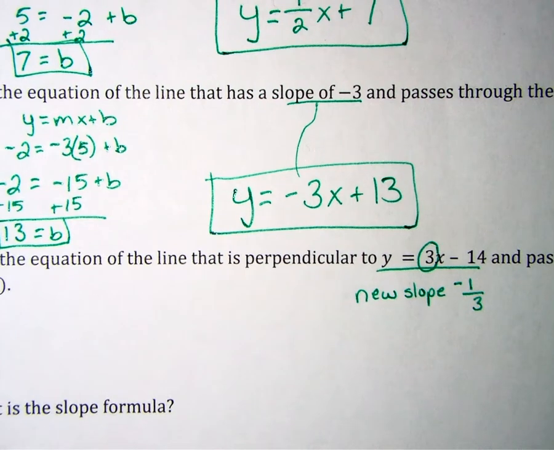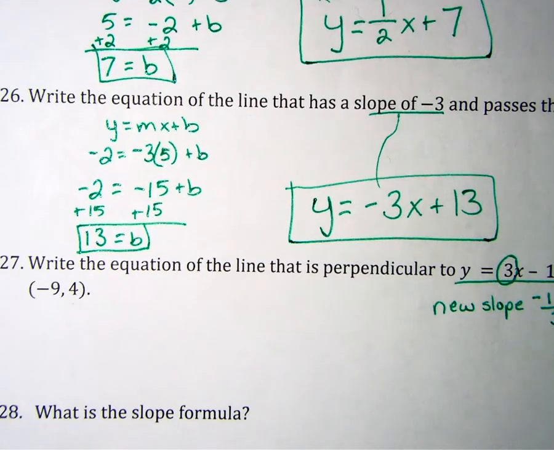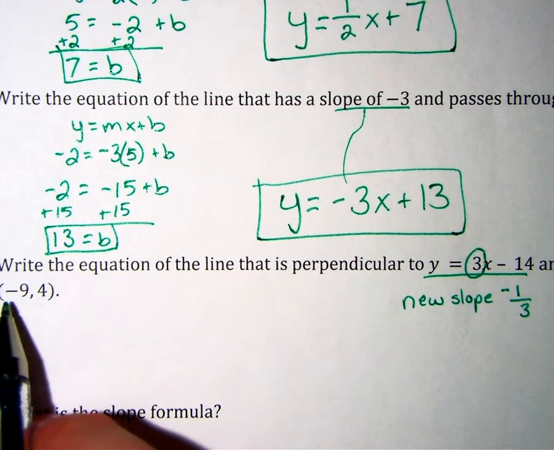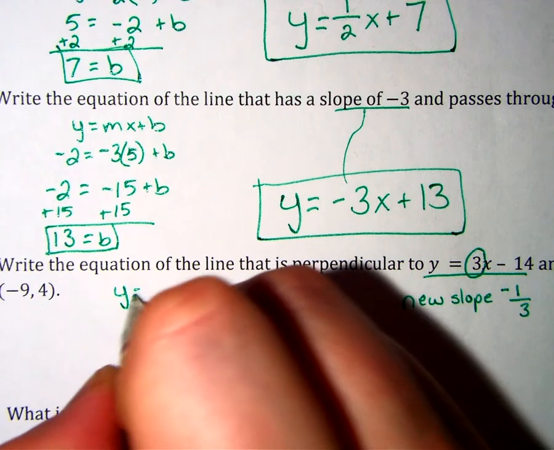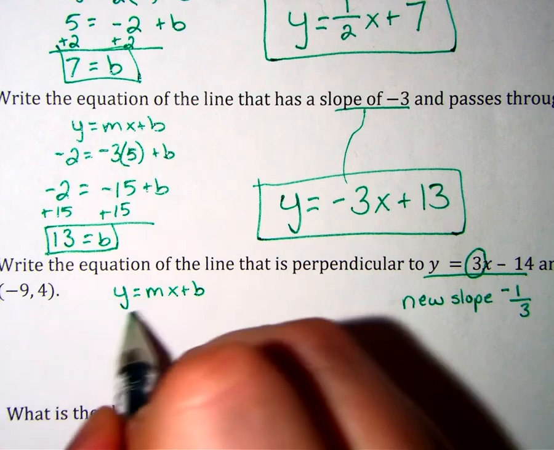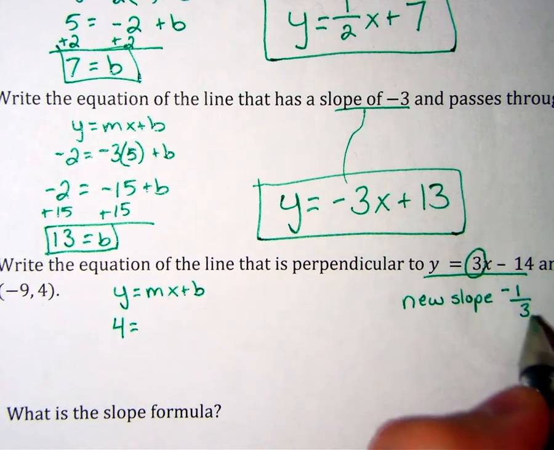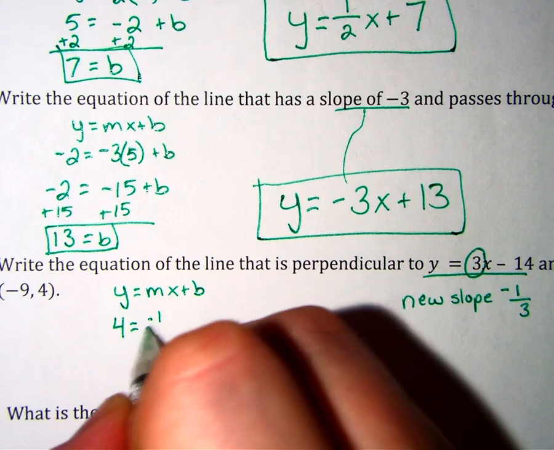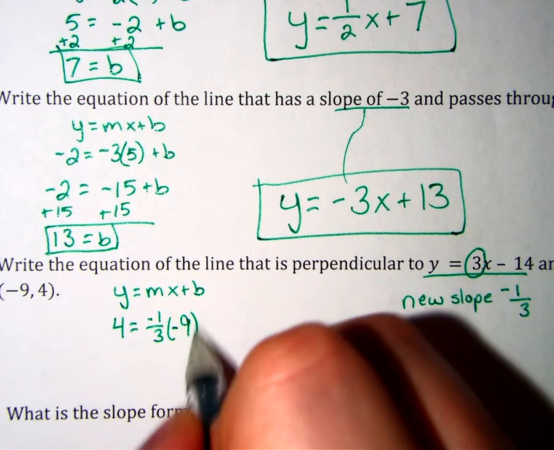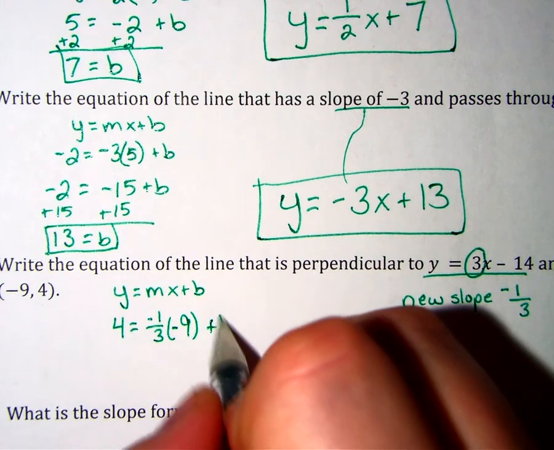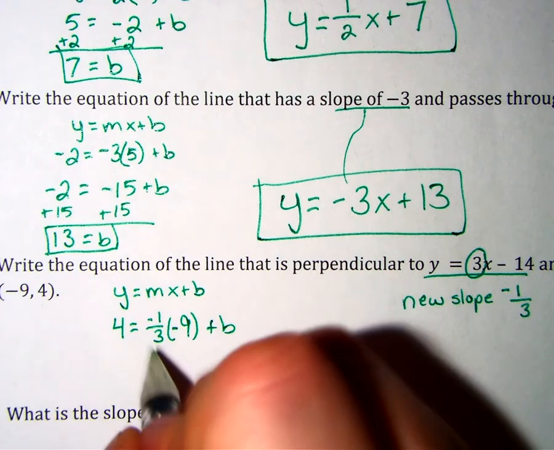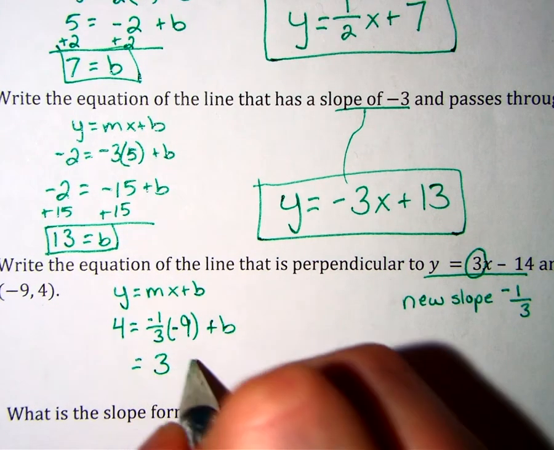Then the process is identical to everything we've been doing in the previous two problems. We utilize our new slope of -1/3 and our ordered pair, y equals mx plus b, where my y value is 4 equals my slope -1/3 times my new x value of -9, plus b. -1/3 times -9 is +3.